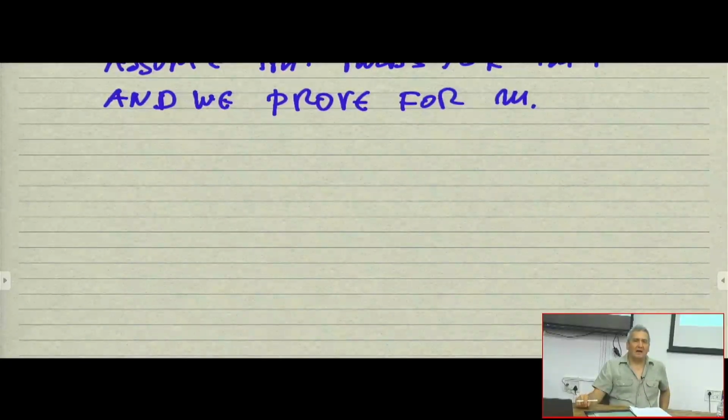By induction, our graph G has m edges, and the claim holds for m minus 1.